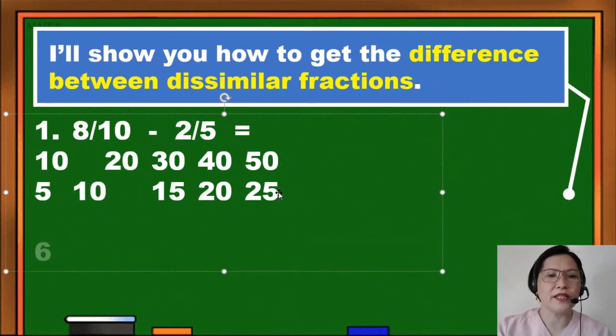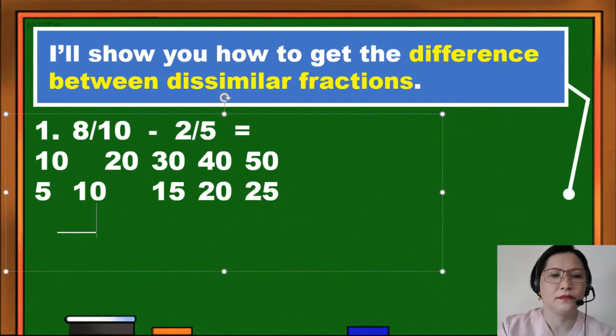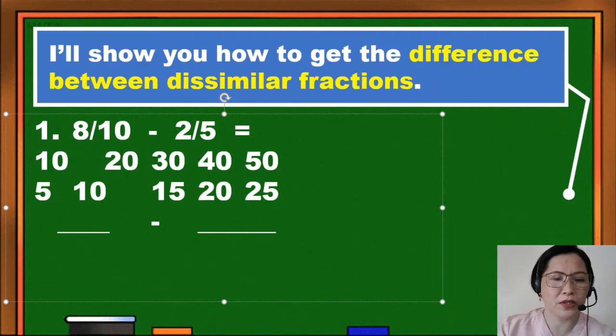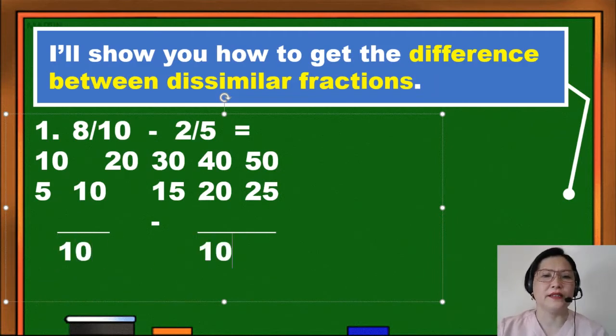So, I will write here minus, I will write below 10 and then 10 here as well. And then we are going to apply what we have discussed in addition of dissimilar fractions.